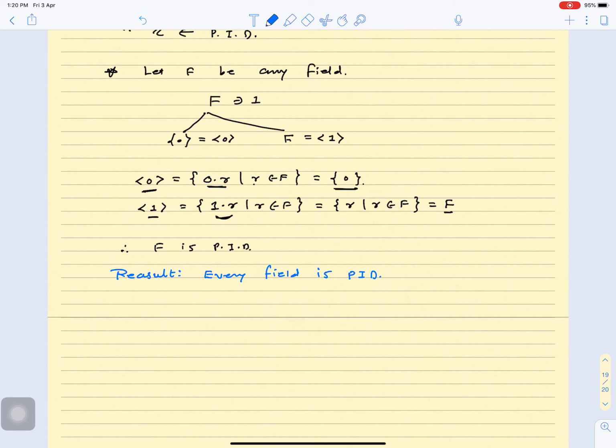So in particular, we know that Q, R, C, then Zp, then Z3, Z7, Z11, all these are fields. So all these are principal ideal domains, PID.